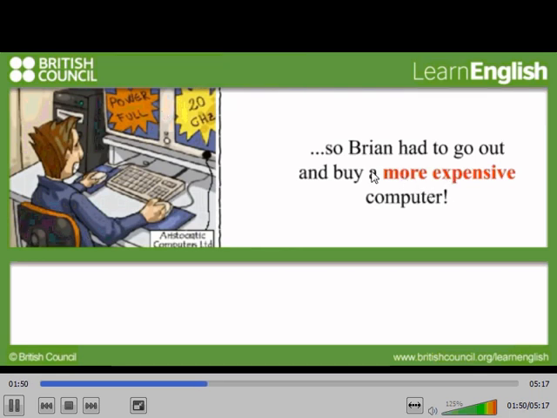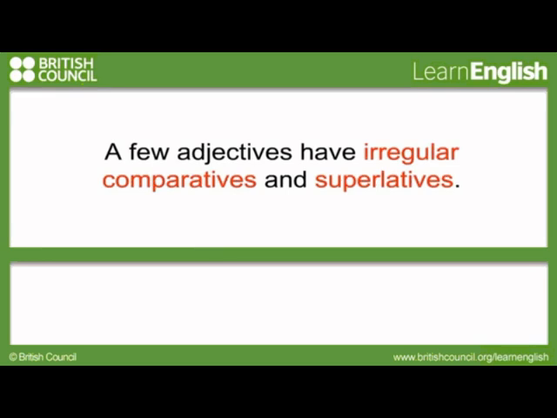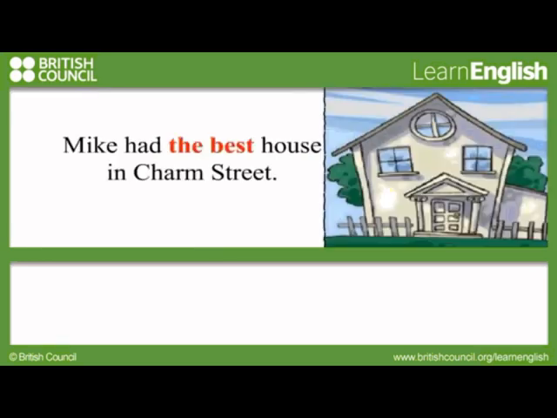So here we put more plus the adjective. We have some irregular comparatives and superlatives, like good, better, the best, bad, worse, the worst. Between one and one is comparative, and superlative is between one and a lot of other things.